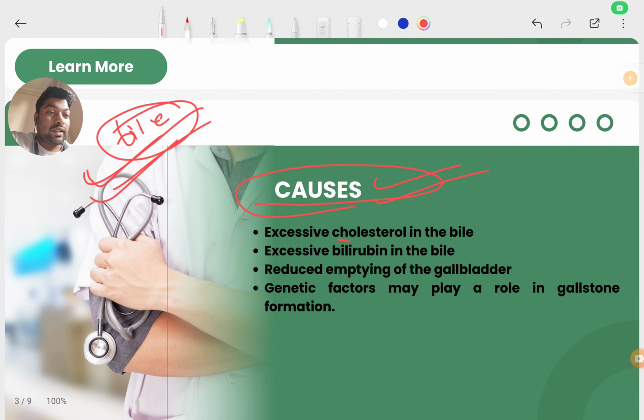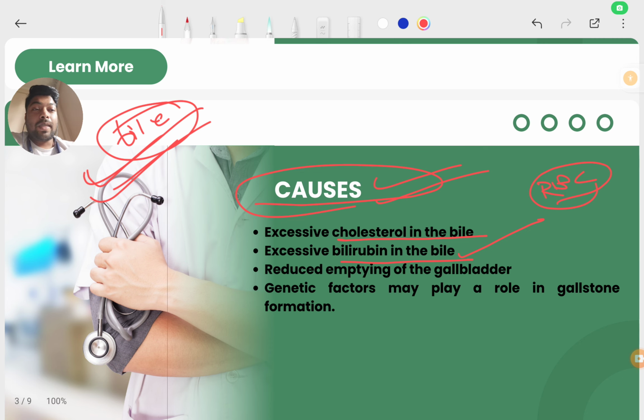Similarly, bilirubin, which comes from RBC destruction, the heme part. It also consists of different electrolytes, and then water, which helps the movement of bile to the small intestine.